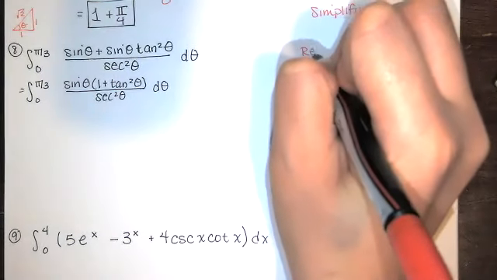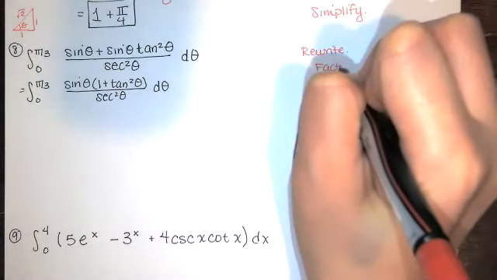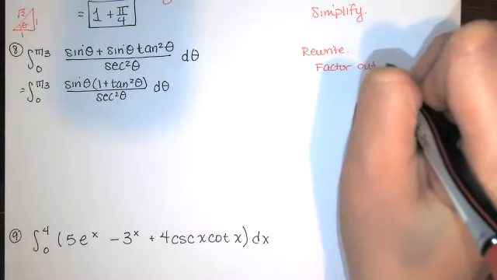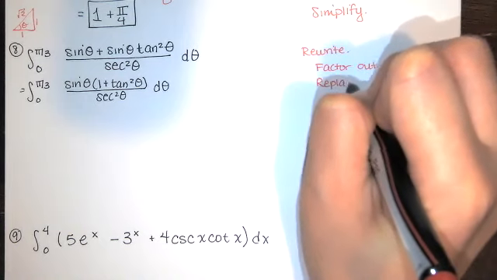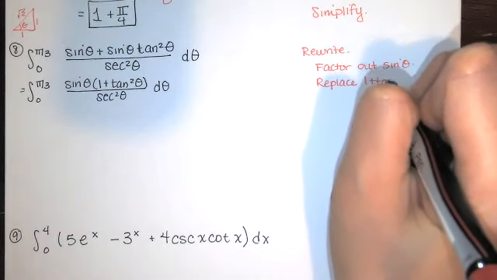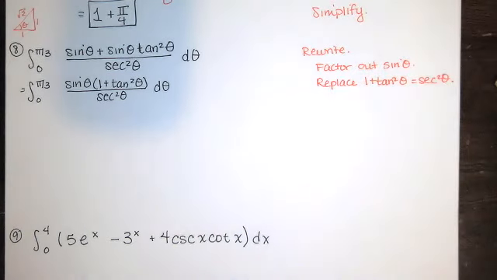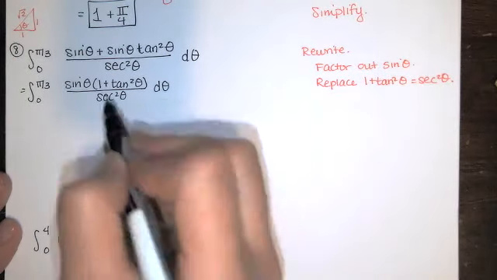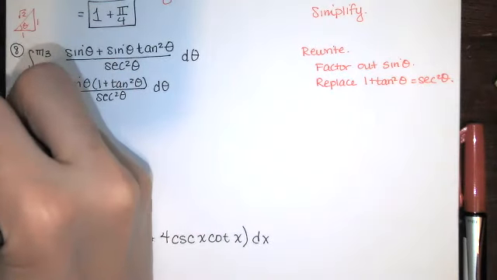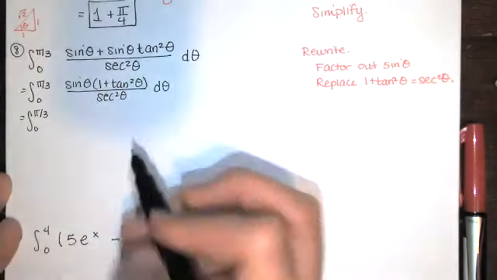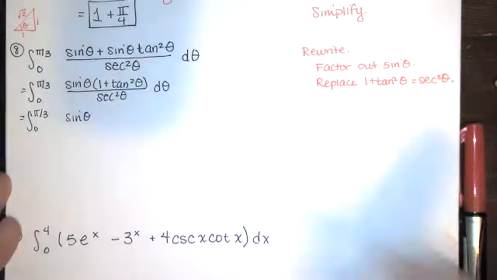So we're doing a rewrite, and the way I chose to do it was I factored out the sine of theta, and then we're going to replace 1 plus tangent squared with secant squared, because those are the same thing. Whenever those are well defined, they're the same. So this is the same as secant squared. And that complicated thing turns out to just be sine of theta.